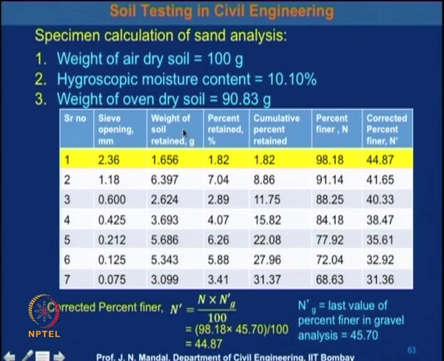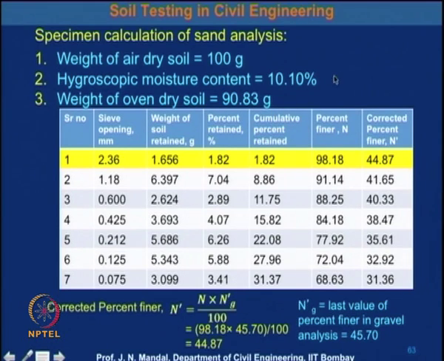The weight of the soil retained in grams is 1.656, 6.397, 2.624, 3.693, 5.686, 5.343 and 3.099. The percentage retained is 1.82, 7.04, 2.89, 4.07, 6.26, 5.88, 3.41.